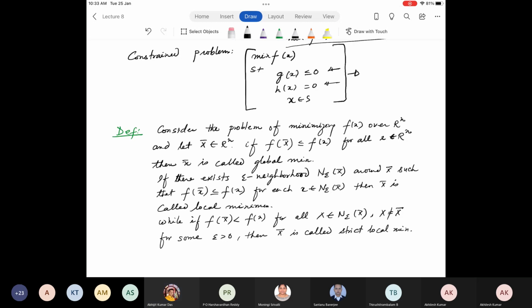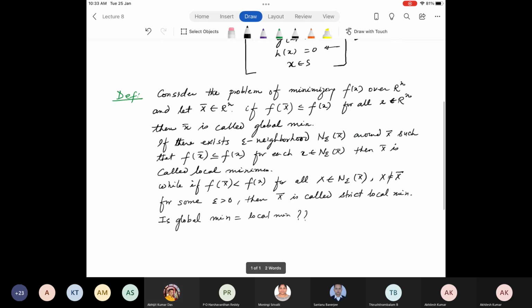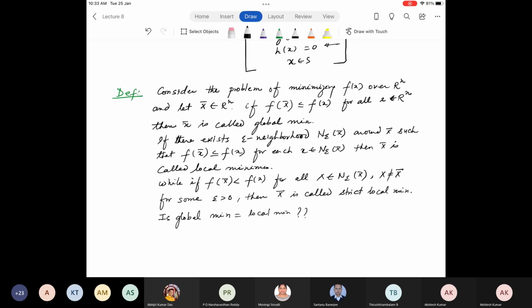So a global minimum is also a local minimum or not? Yes, sir. Yes. So in its neighborhood, it is a local minimum, and amongst all the local minima, the one which gives you the most desirable value or the minimum value of your function, we call it the global minimum.